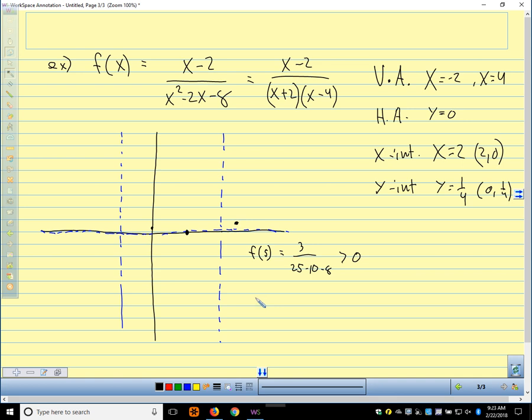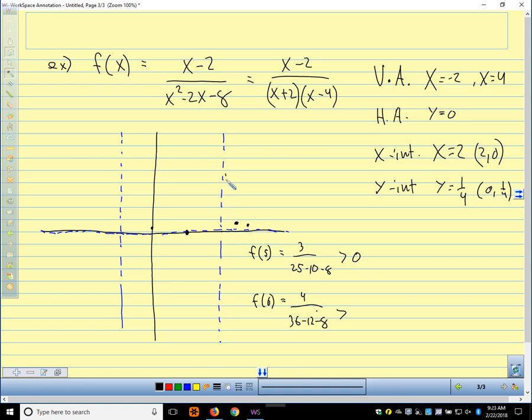I could plot f of 6. So I get 6 minus 2, 4 over 36 minus 12 minus 8. F of 6, is that positive or negative? Positive. Well, it's going to be smaller because we get 36 minus 12 minus 8. So f of 6 is going to be like so.